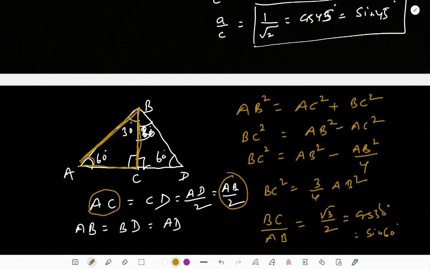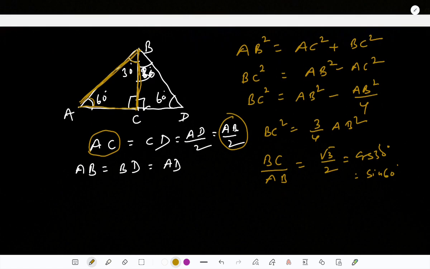And in the same manner, if you want to know sine 30 degree, then the perpendicular is AC. That means that is AB by 2, and hypotenuse is AB. So you will get sine 30 degree equals 1 by 2, and this is also equal to, if you take this angle under consideration, this AC is the base and AB is the hypotenuse.